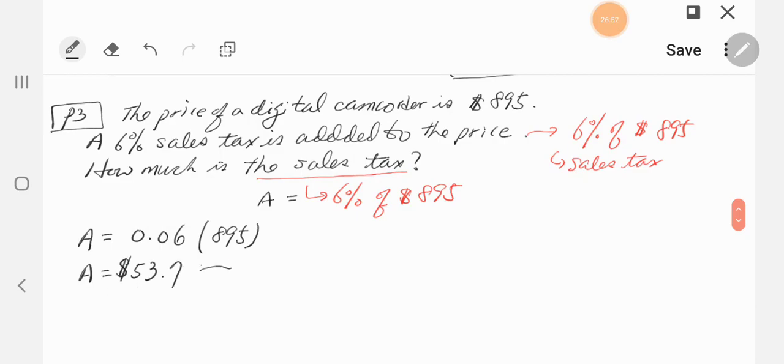So this is the sales tax. Okay, so it's pretty much simple. There are 3 variables: percent, base. Multiply these two will give the amount. Amount can be sales tax or whatever the question is.